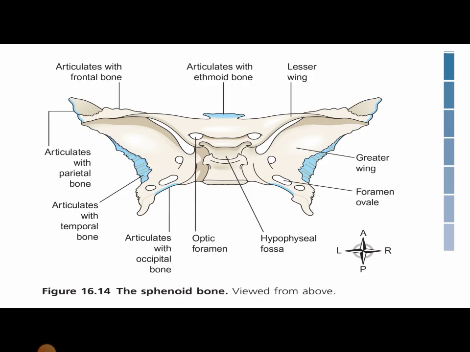This is the sphenoid bone. It's just like a bat or a butterfly, so it's called the sphenoid bone. There are lesser wings and greater wings, and detail of this bone is not necessary.